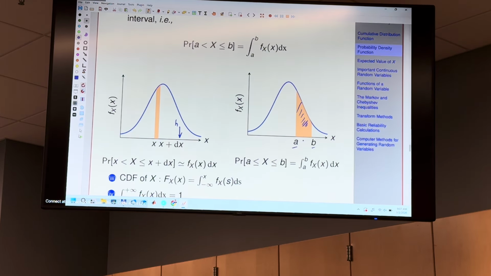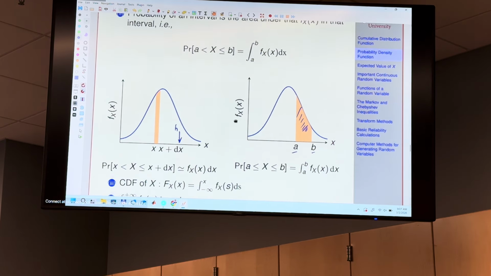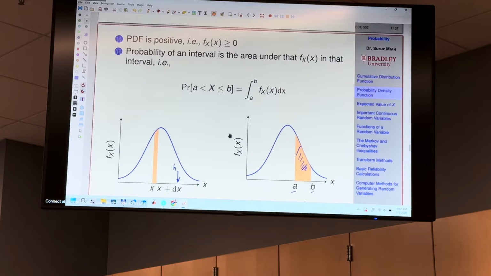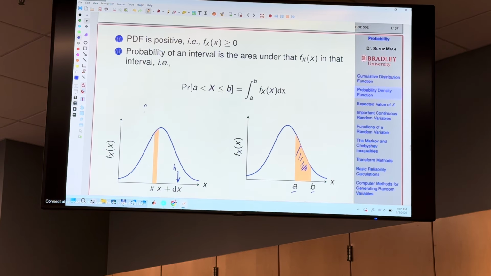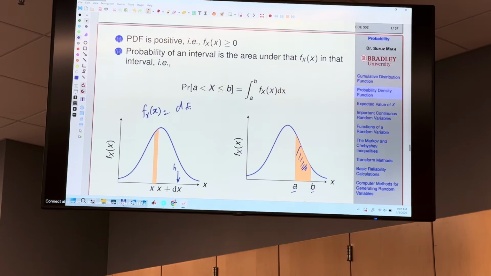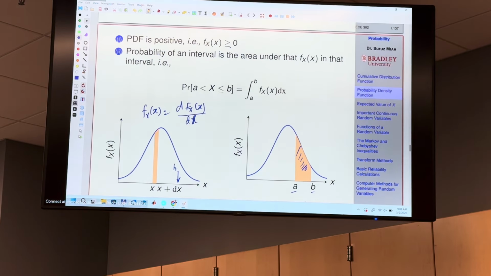Now, it's quite trivial in the sense that you saw this sort of integration before. One very important thing is that this f sub x, which comes from taking the derivative of the cumulative distribution function with respect to x, has to be greater than or equal to zero. That is one condition.